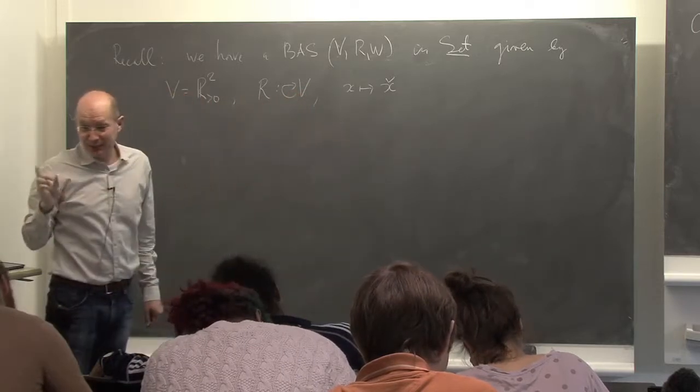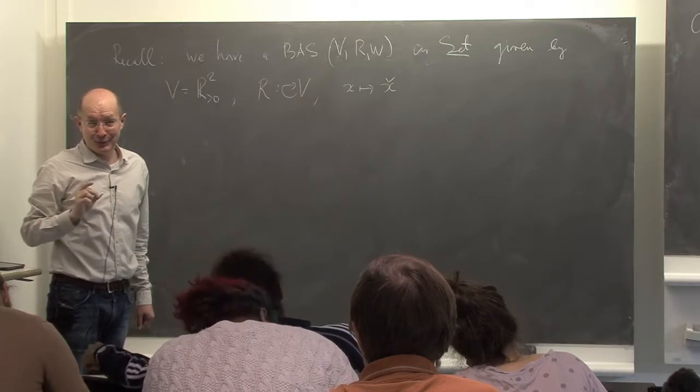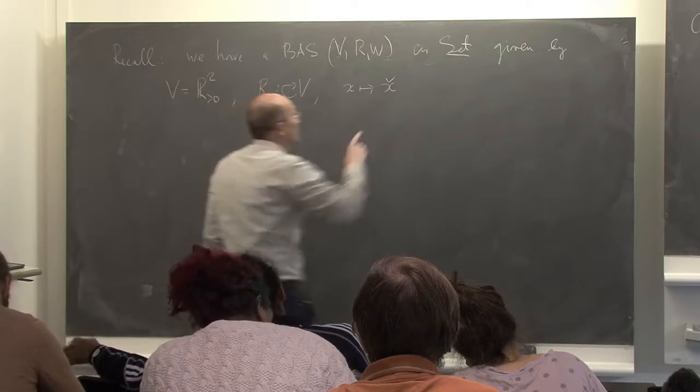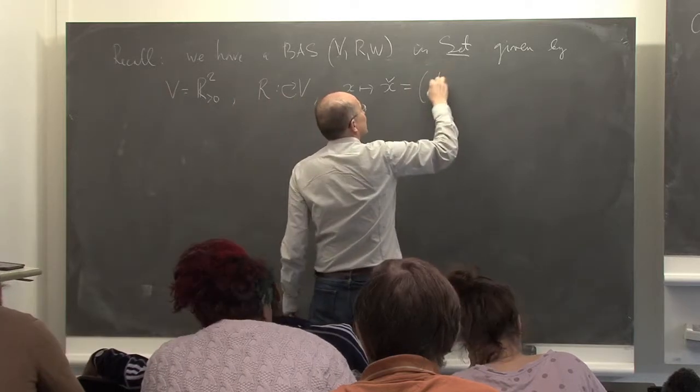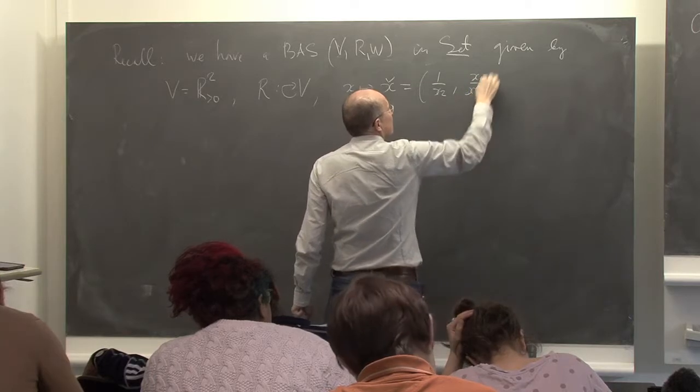And please pay attention. Last time I committed an error, so I mixed up R with its inverse. So now the correct formula is this: 1 over x2, x1 over x2.